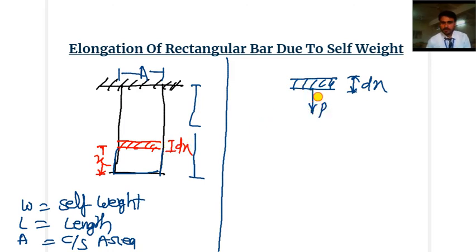Suppose that weight is Wx, and the same magnitude of weight, equivalent load or resistant load, will act in upward direction to maintain equilibrium, that is Wx. So first of all we will calculate the deformation of that individual strip, and that is a case of axial load deformation.